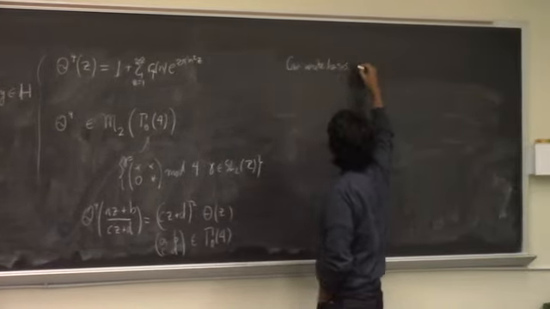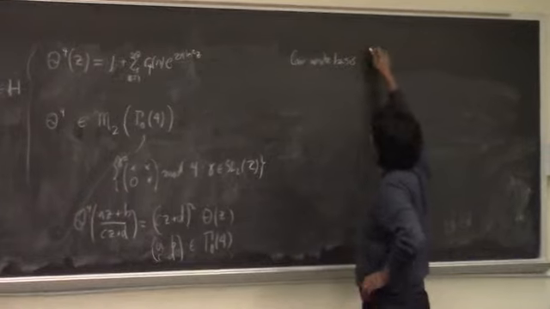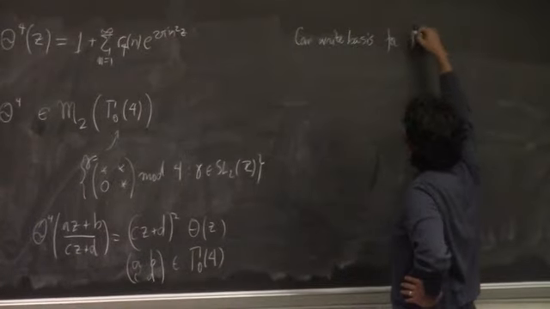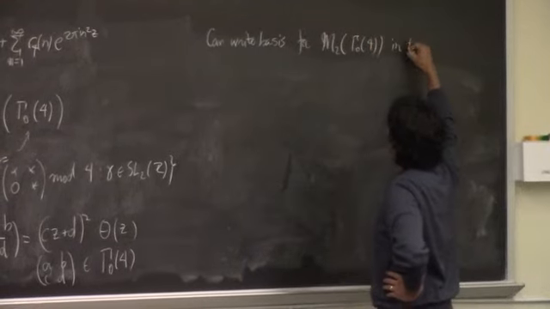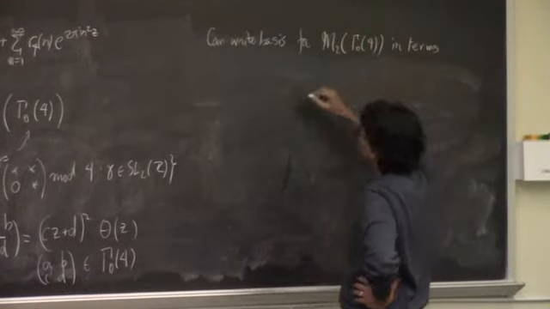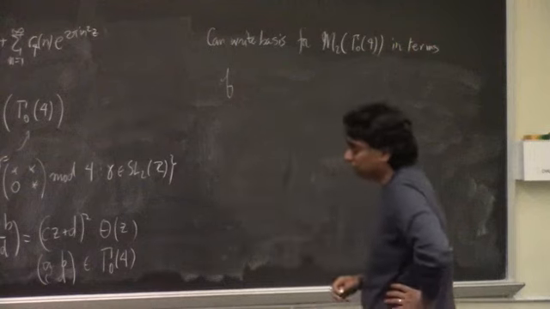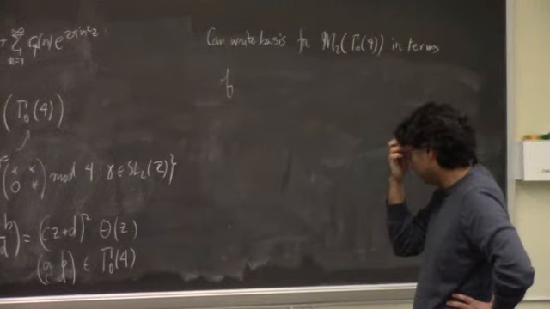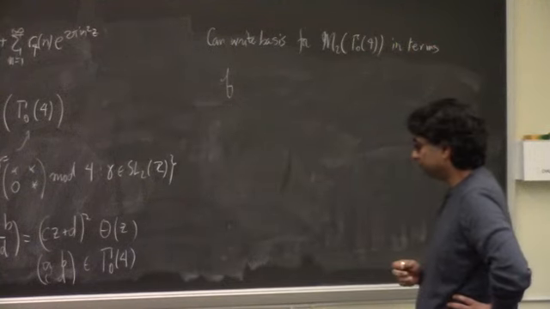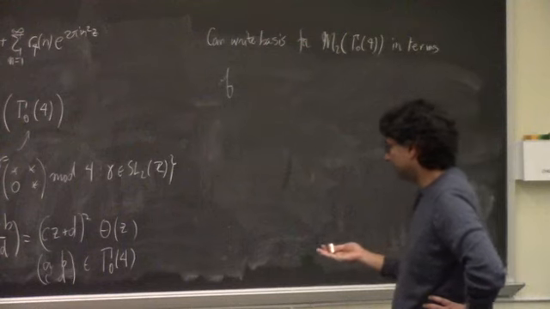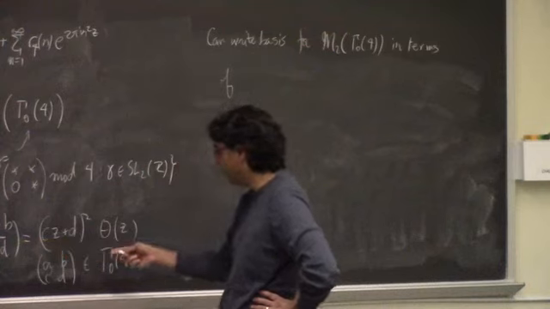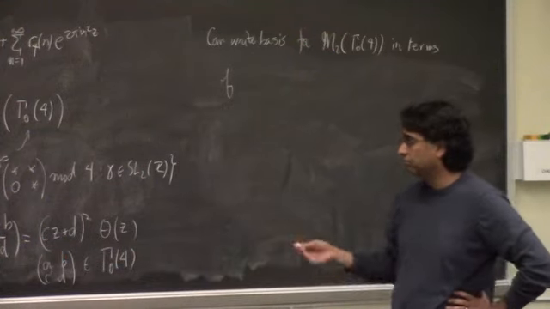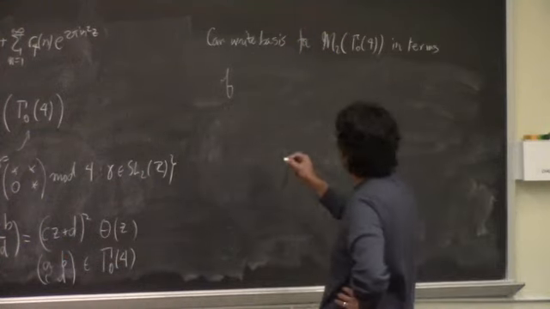in terms of Eisenstein series. So if you want to construct a function which has this invariance under this group, well, you can just average over the group.